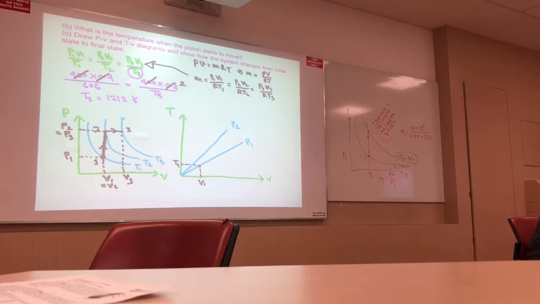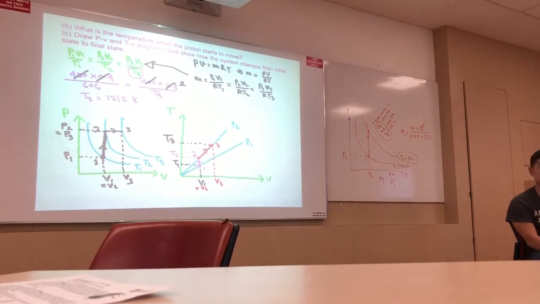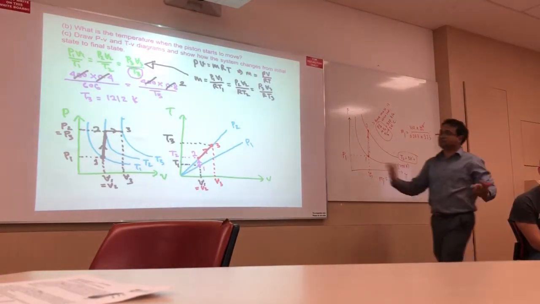Initially it is a constant volume process. That's why it goes from 1 to 2. This is 2. Here you can get P2. And 2 to 3 it follows constant pressure process up to here. This is 3. This is P3. Then from there you can calculate. Understand? Yes. Very simple.